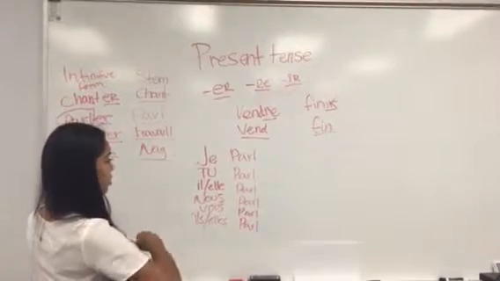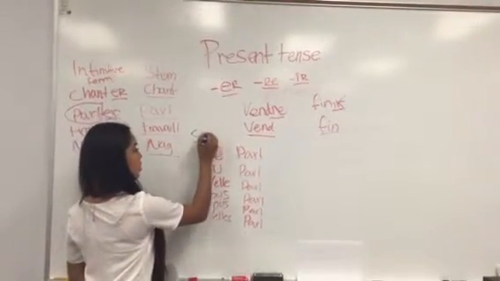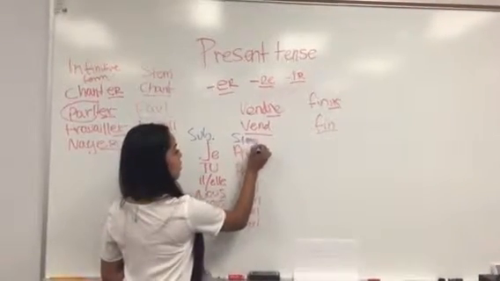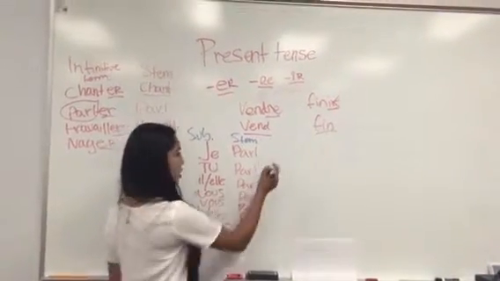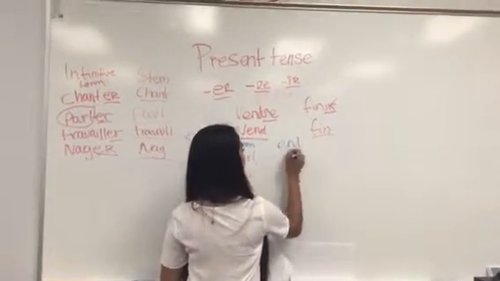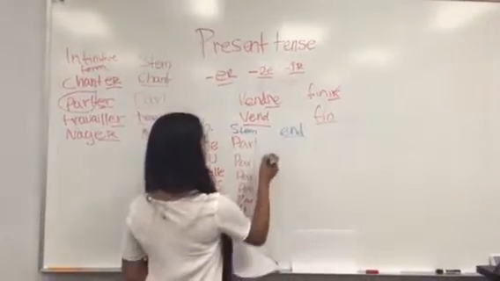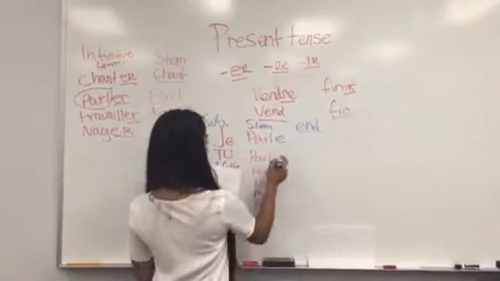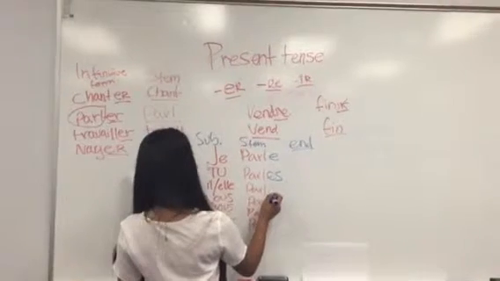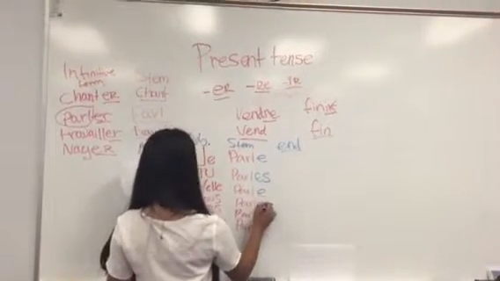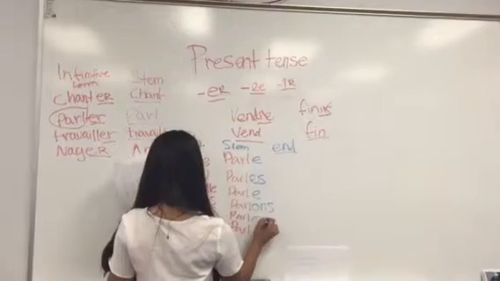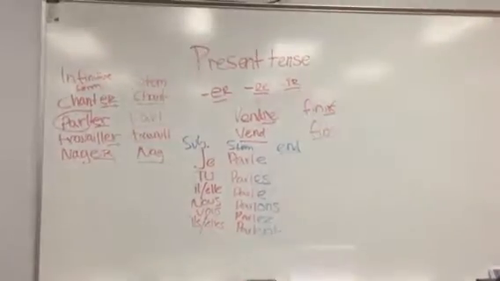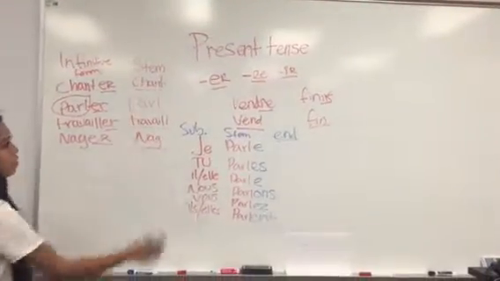This would be the subject. This would be the stem. And the ending would be right here. The ending is going to be in blue. Parlons. And that's how you would conjugate parler, all the ER verbs.